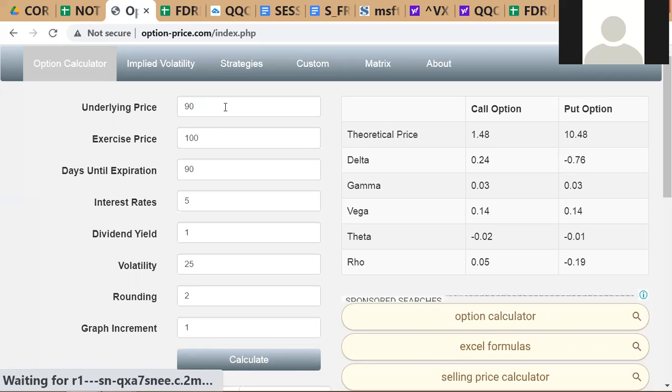Now this 148, can you see that this option does not have any intrinsic value? Because the market is 90 and the exercise price is 100, so why would you buy something at 100? The logic for figuring out intrinsic value is: buy the option, exercise the option, and sell the underlying that you get by exercising in the underlying market, and see if you make a profit.